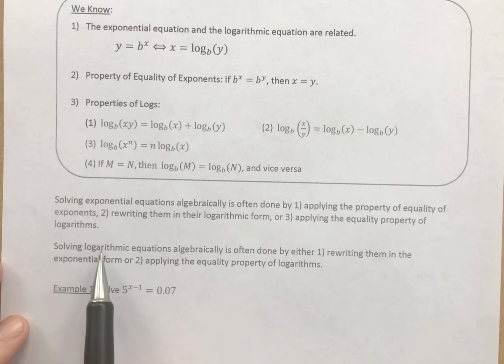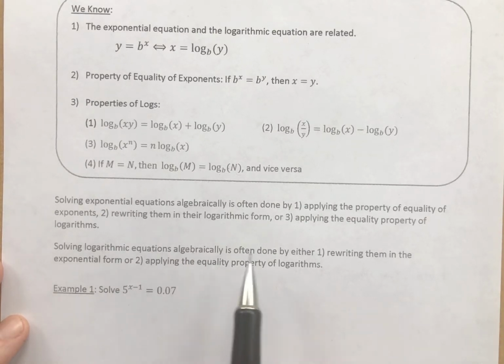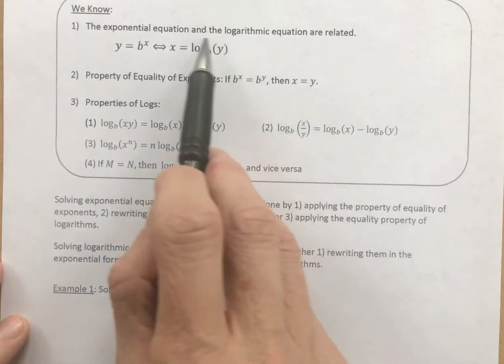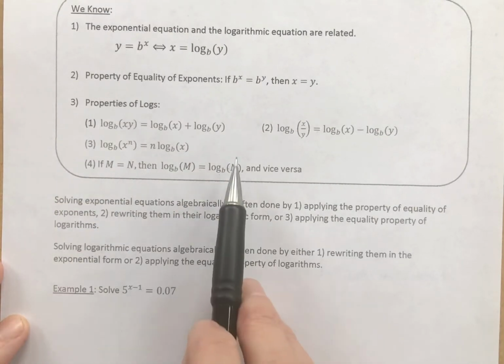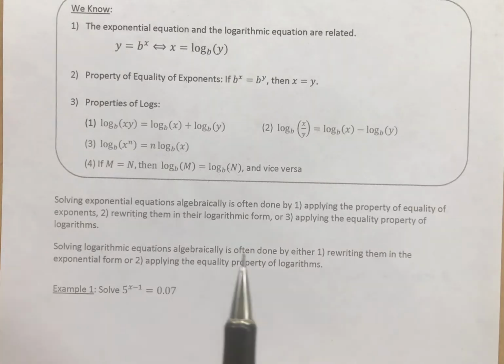When you're looking at logarithmic equations and solving those algebraically, that is often done by either 1, rewriting them in their exponential form right here, or 2, applying the equality property of logarithms, which is right here.